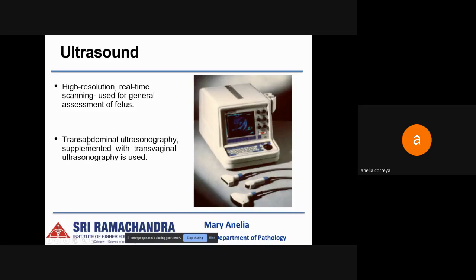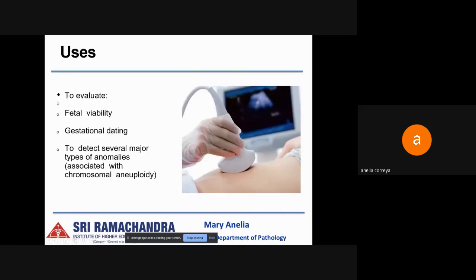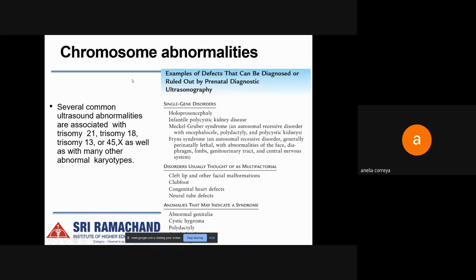So we do trans-abdominal ultrasound supplemented with trans-vaginal ultrasonography. The main uses are to evaluate the fetal viability, gestational dating, and to detect several major types of anomalies. This is just to show certain examples of features which can be diagnosed using ultrasonography pertaining to chromosome abnormalities.